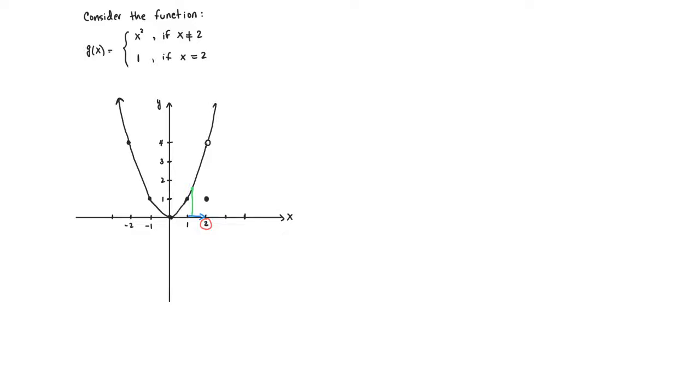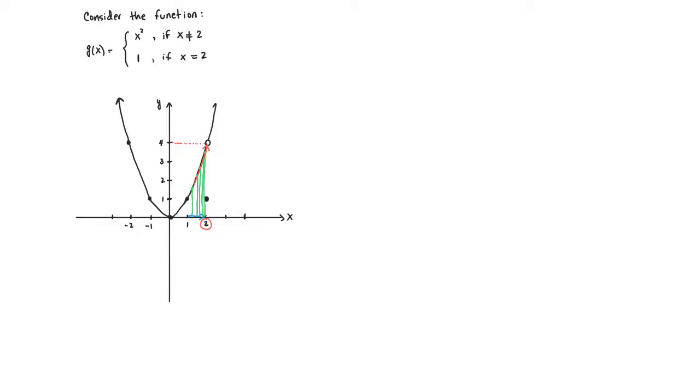Then, when x gets even closer to 2, the y values are climbing a little bit higher up. And the closer I go to 2, the higher the y values are getting on the parabola. Notice that those y values are approaching the open circle on that parabola, and that open circle happens to be at the same level as y equals 4.